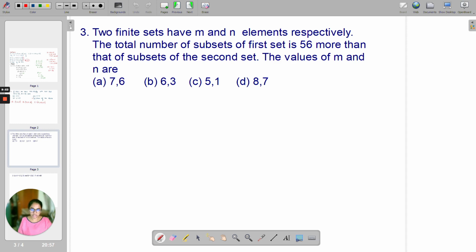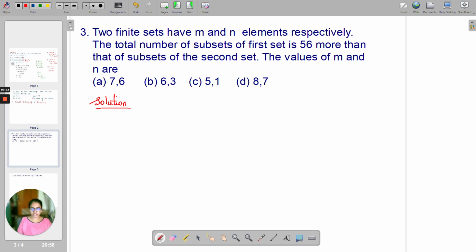How do you denote the total number of subsets? We studied about this in the previous video, right?